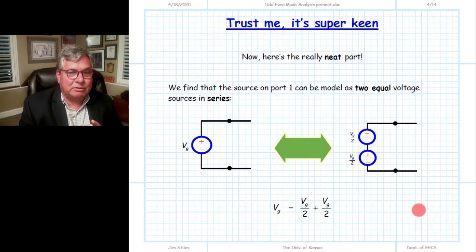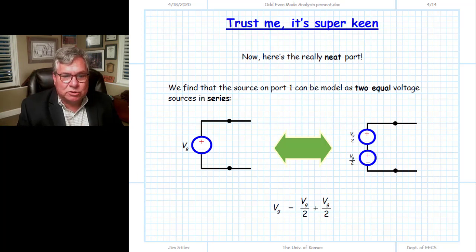Turns out, though, we don't have to give up on our even and odd mode circuit analysis. We're going to apply a little trick, and this is quite a gem. This is a very important aspect of this analysis, and it's very important that you understand where this comes from and why it works. So we're going to go to our source at port 1, VG, and we're going to rewrite it as two sources in series with each other, each one having a voltage which is 1/2 of the original VG.